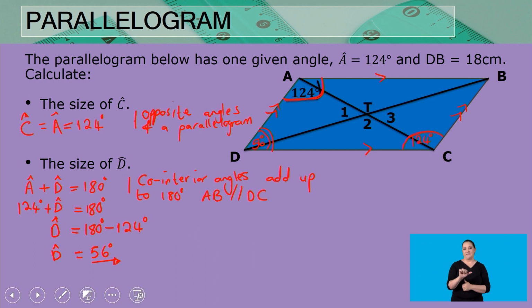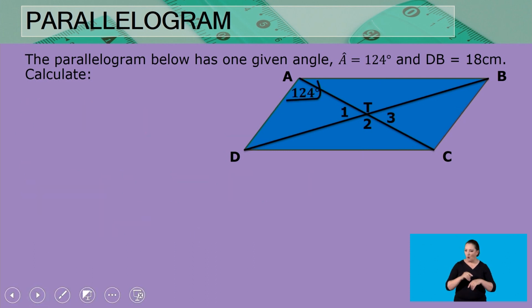Let's calculate more angles in that parallelogram. Given the same parallelogram, remember, we just calculated that angle C is 124 degrees, and angle D is equal to 56 degrees.